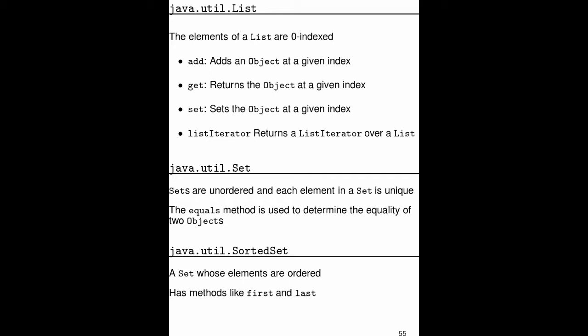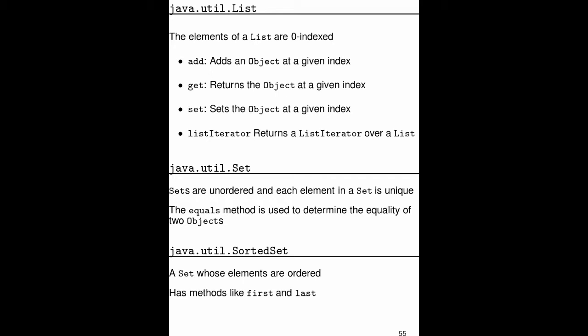So for instance, in just any old capital C collection, there is no guarantee about the ordering of the objects. There's no guarantee about the uniqueness of the objects. What sub-interfaces like list and set do is add more semantics, add more information to the collection.